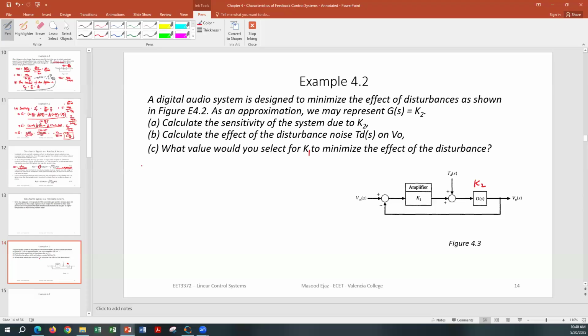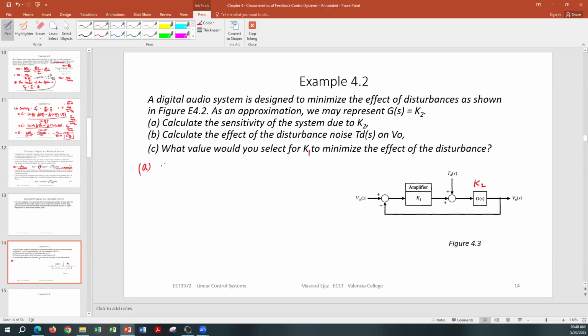So let's do it one by one, starting with A. What should be the effect of the process gain K2 on the sensitivity of the system?